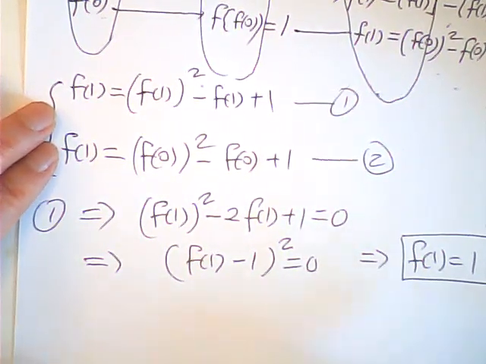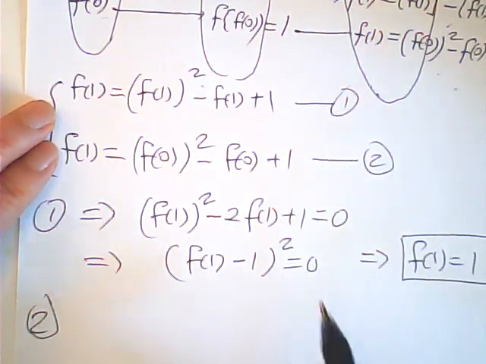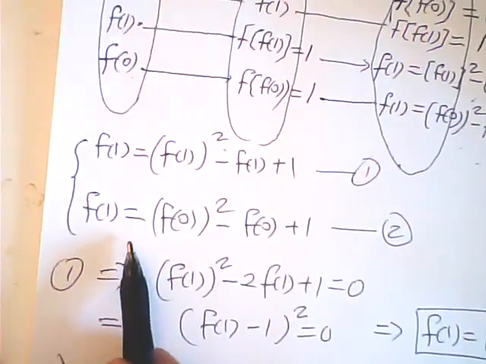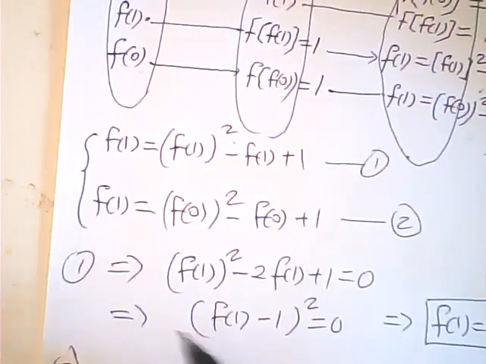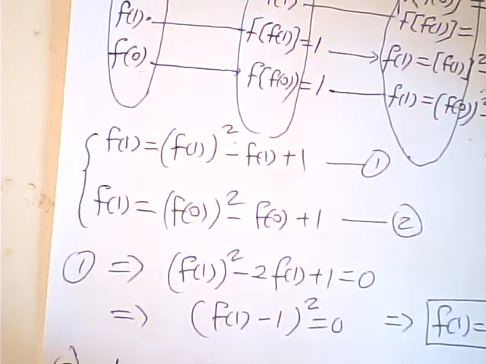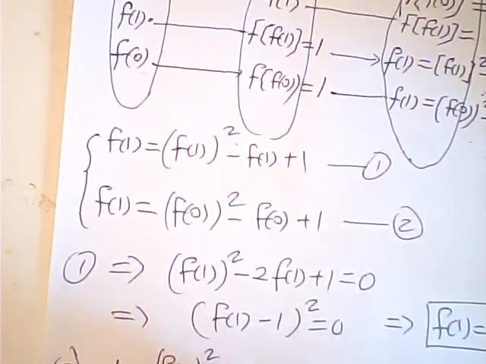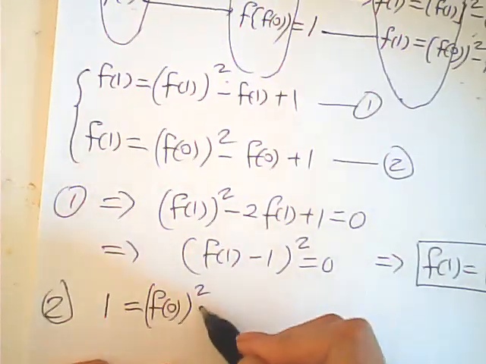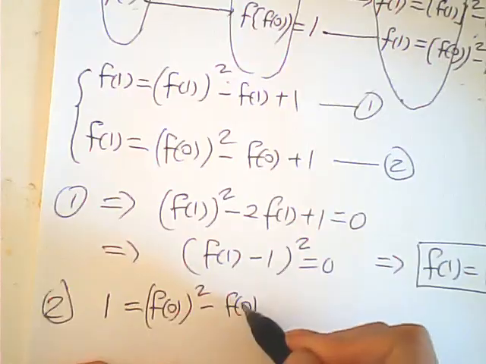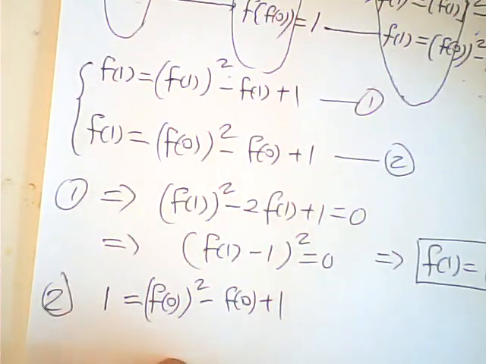Okay. Then the second equation, f(1) is 1. So 1 is equal to f(f(0)) squared minus f(f(0)) plus 1.